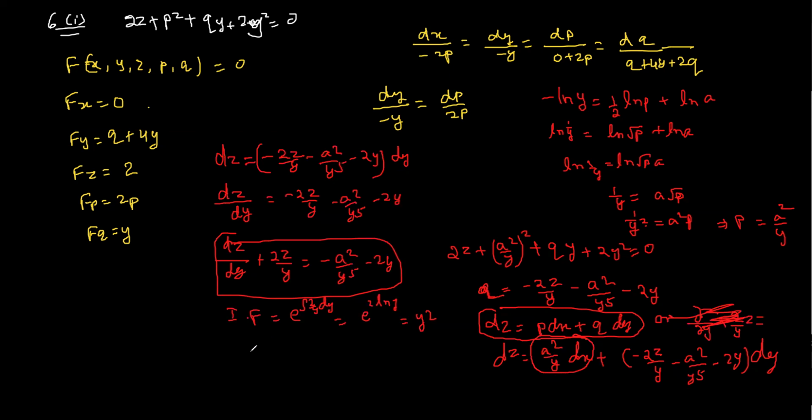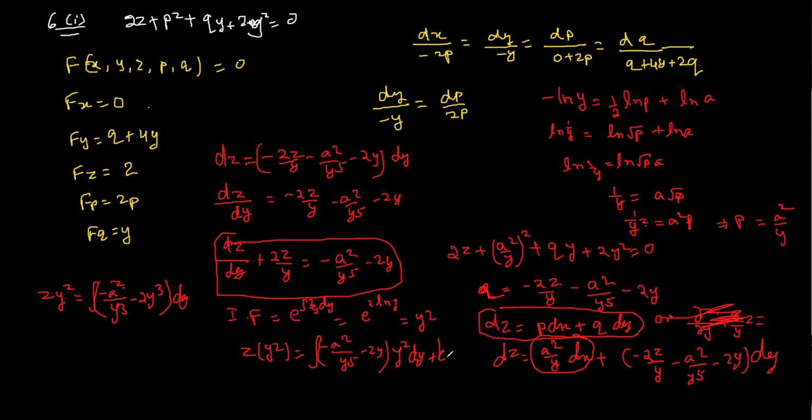Complete solution will be z into IF equals integral of q into IF dy plus c. So zy square equals integral of minus a square by y cube minus 2y cube dy plus, let's suppose this is b.